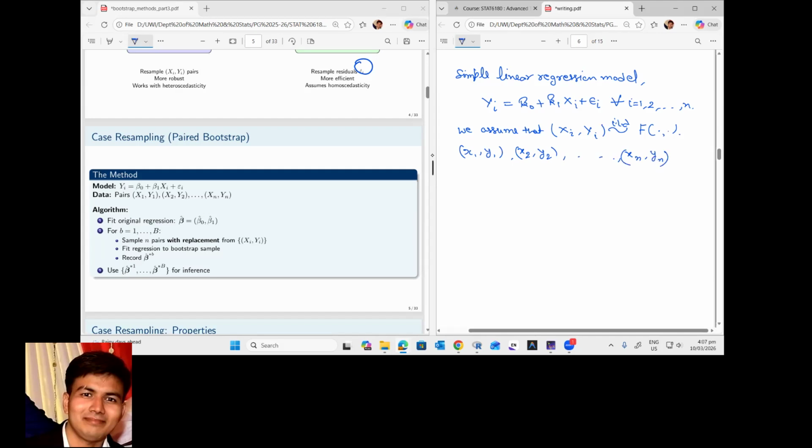We fit the regression model given in equation 1, and we find the point estimates of beta naught, that is beta naught cap, and beta 1, that is beta 1 cap. These estimates we get by using the ordinary least square method.